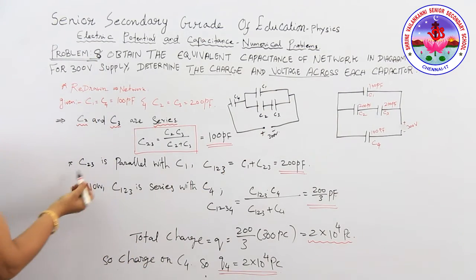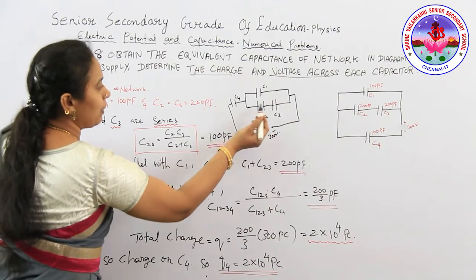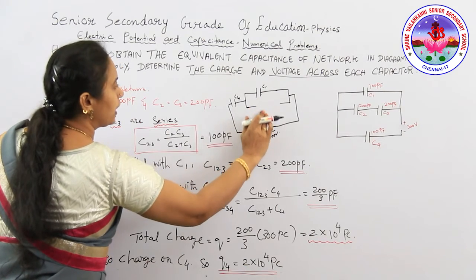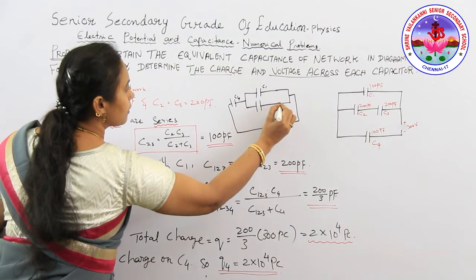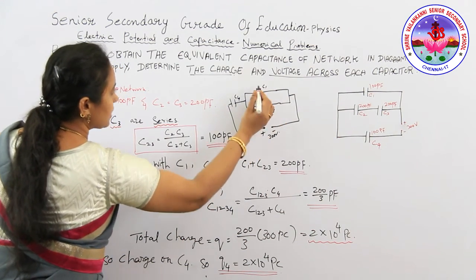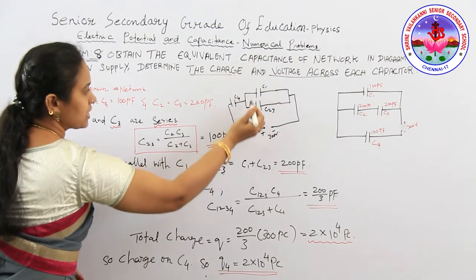Right. Now the C23 is parallel with C1. Now how will it be modified? The circuit will be modified like this. C2, C3 will be changed as C23. Now C1 and C23 are parallel.